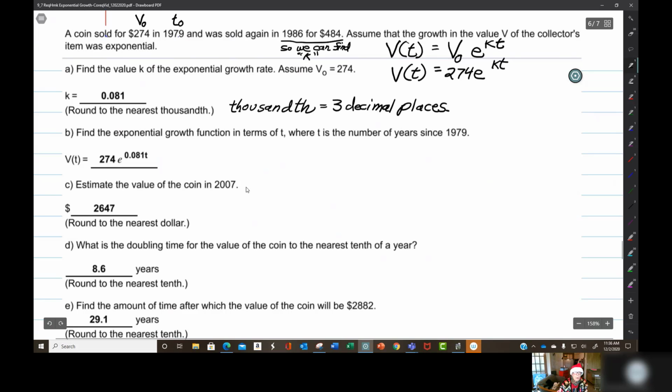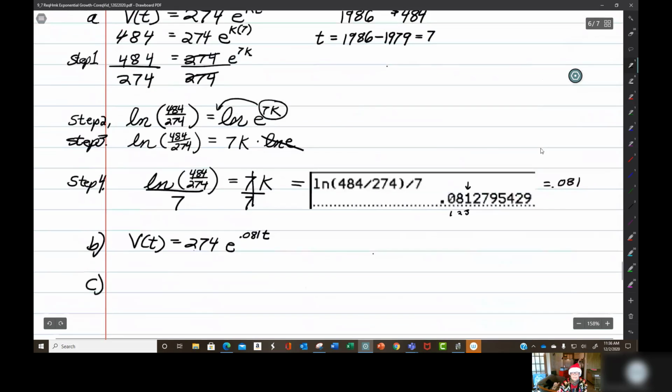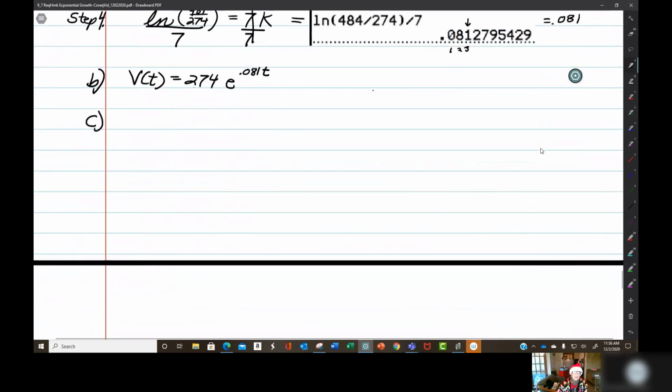C. Estimate the value of the coin in 2007. My goodness. Okay, well, we have to figure out what T is going to be. Well, let's write this.